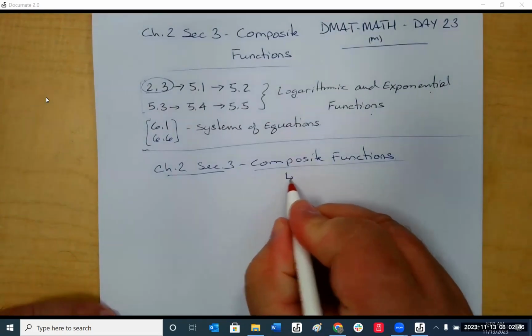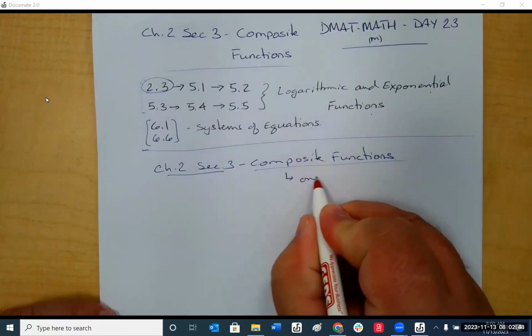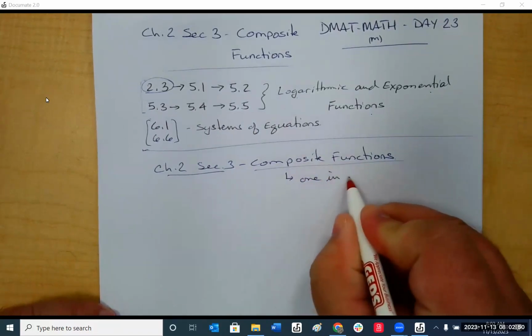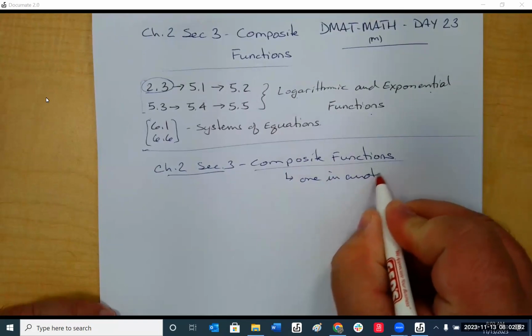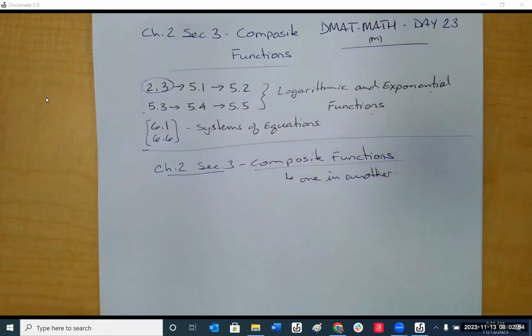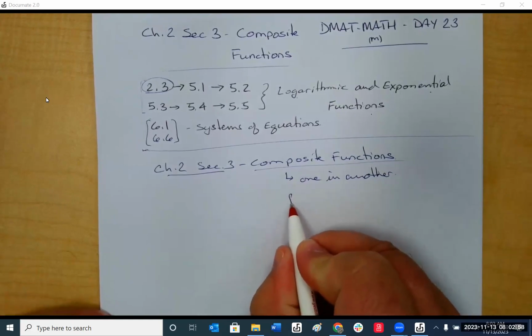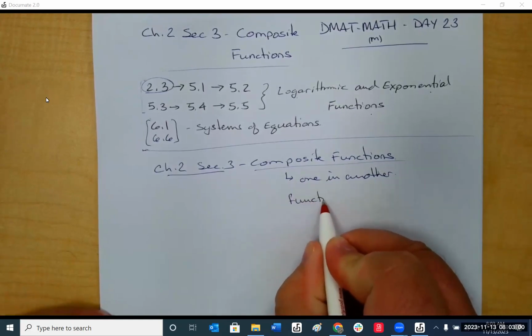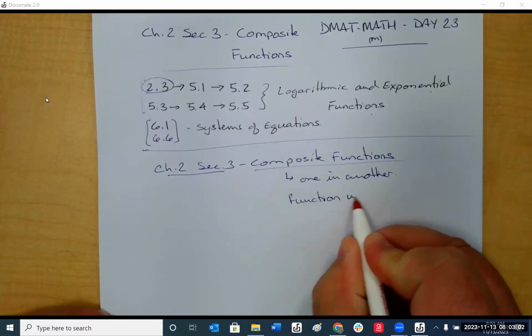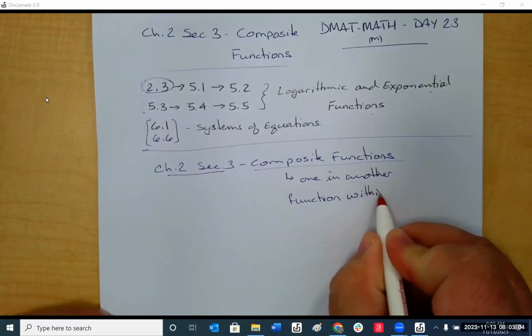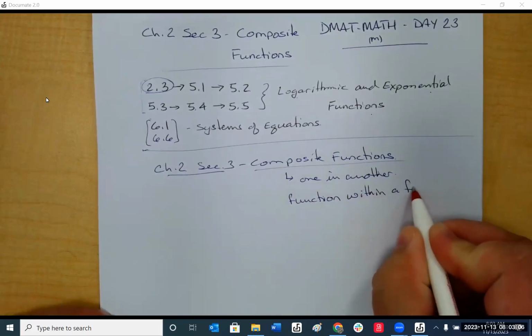Composite simply means one and another. It's a function within it. With composite functions, it's a function within a function.